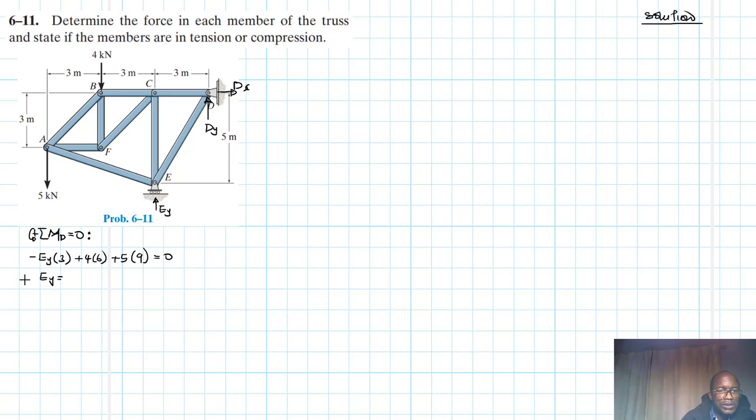Ay by 3 clockwise, and then 4 by 6, and then 5 by 9. Ay therefore is just going to be equal to 4 by 6 plus 5 by 9, divided by 3. So this gives us 23 kilonewtons. Then we have summation of forces in the y direction equal to 0. We have minus 5, minus 4, plus Ay, plus Dy equal to 0.